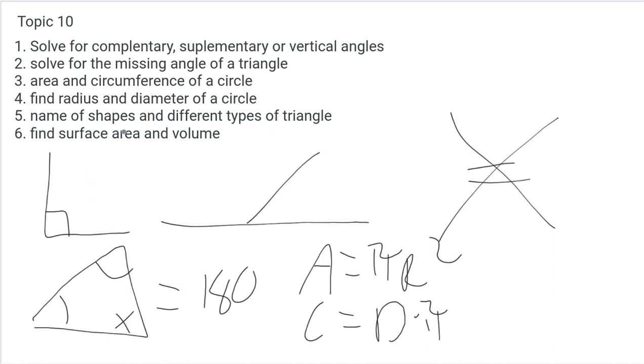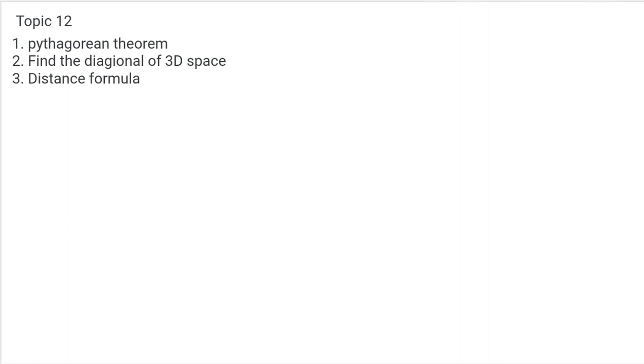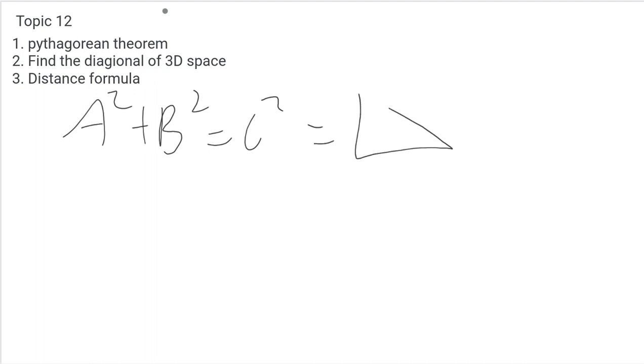Surface area is when we had a box and we found the area of one side, area of another, and so on, and then added them all up. Volume was some kind of form of length times width times height.